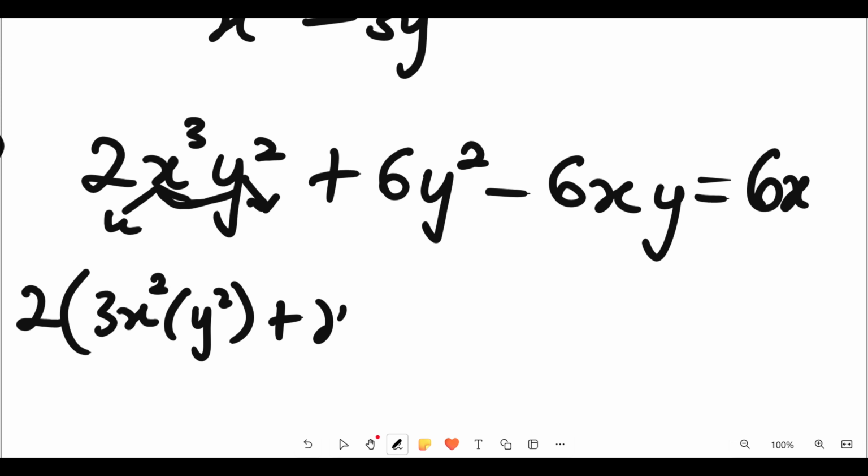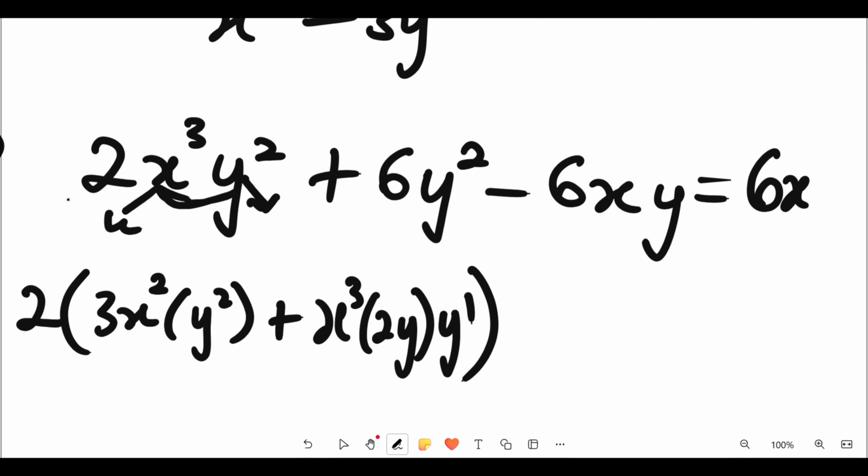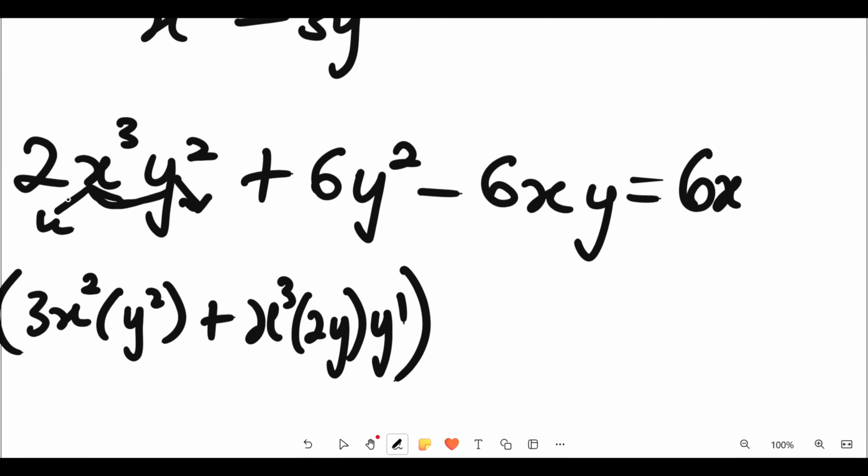Then plus you maintain your u, which is x cubed, then you differentiate y squared, and that will give us 2y. But because we are differentiating the dependent variable, we multiply the result by y prime. So it's going to be 2y y prime. Then close the bracket nicely. Then here will be 12y y prime.